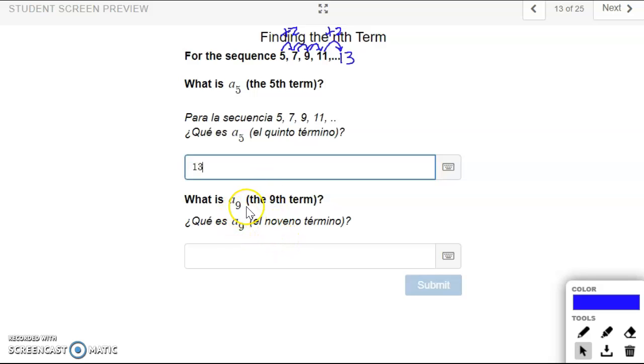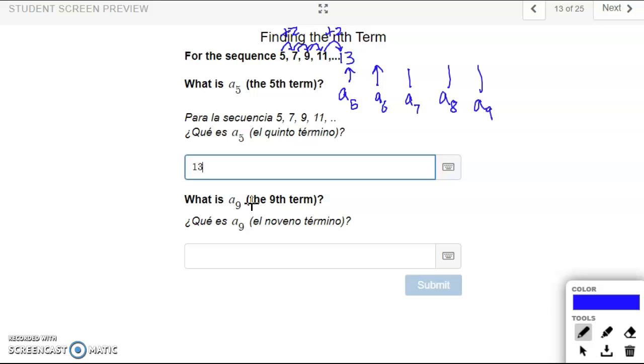Okay, what about a sub 9? So this was a sub 5. We can figure out a sub 6, a sub 7, a sub 8, and a sub 9.